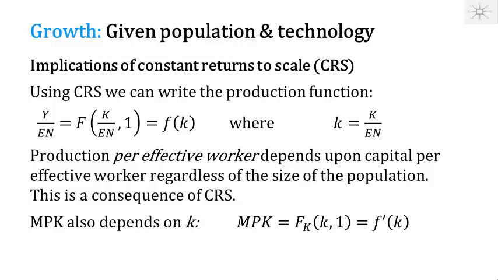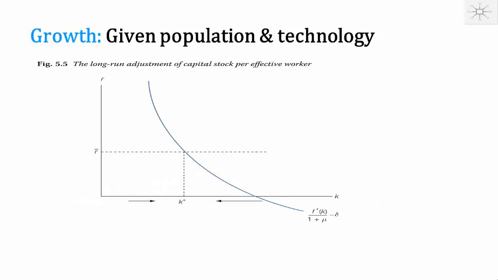And that means also that the marginal product of capital is also a function of the capital stock per effective worker. So we write it as little f prime of k. And now we can draw the same figure, but instead of having the capital stock on the horizontal axis, we have the capital stock per worker on the horizontal axis.